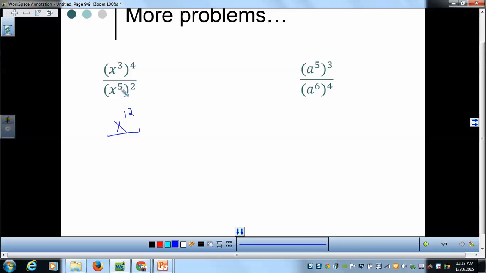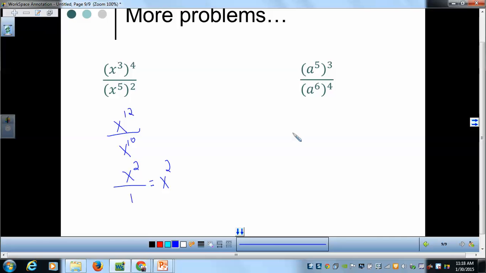I have 2 groups of 5 in the denominator, which means I'm really multiplying 10 x's. Once I do my power to a power property, it becomes just like the prior problem. I have base x over base x. Where do I have more base x? In the numerator. How many more do I have? 2. So x squared over 1, or just x squared.